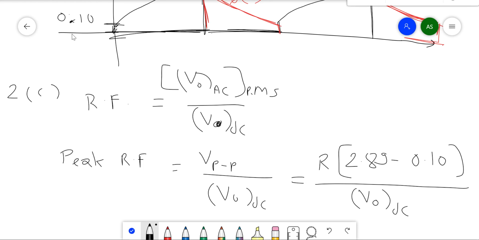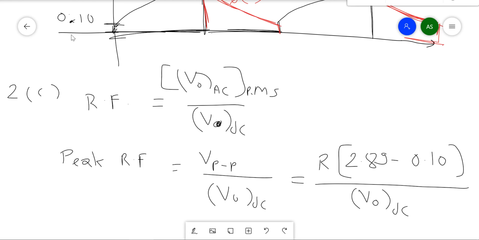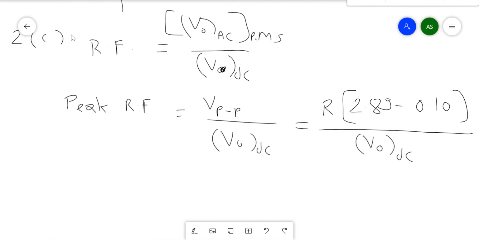Okay, so in the steady state, what will be the value of the DC component? That will be equal to 150. Okay, that we already have seen. So V0 DC is basically 150, and the value of R is 100 ohm.